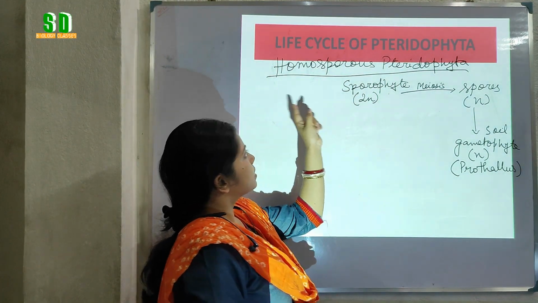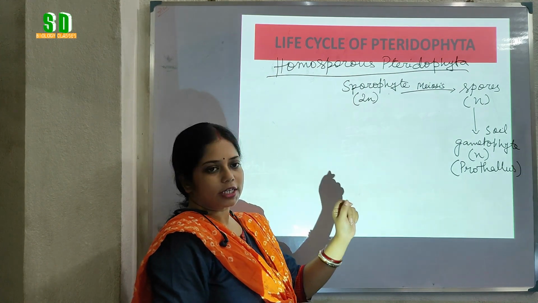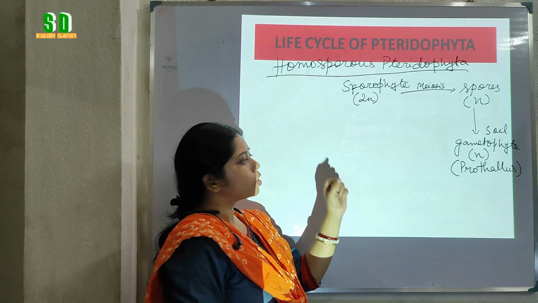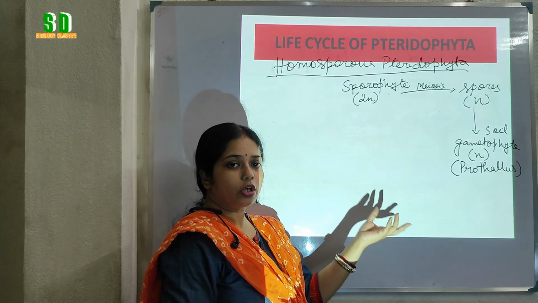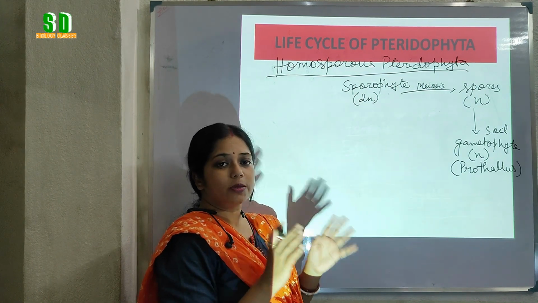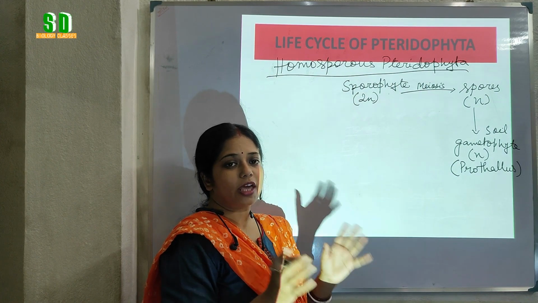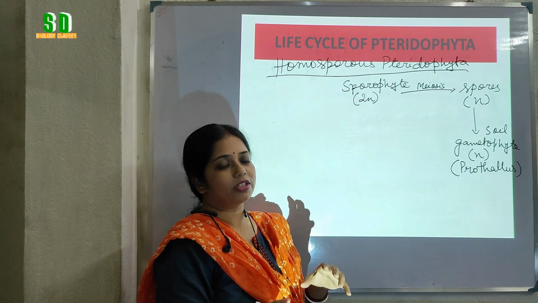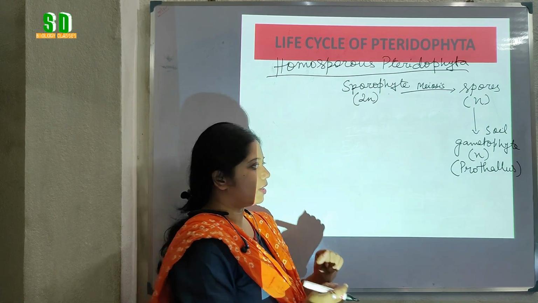As it is produced by the homosporous type of Pteridophyta, that means one type of spores is produced, the gametophyte also has the same reproductive structure in the same thallus. That is, the prothallus has the male and the female reproductive structure in the same thallus.